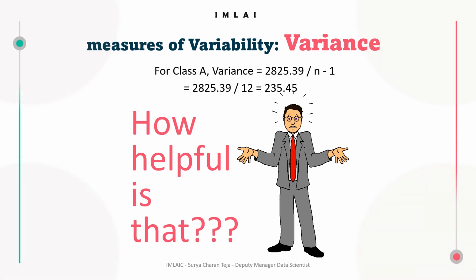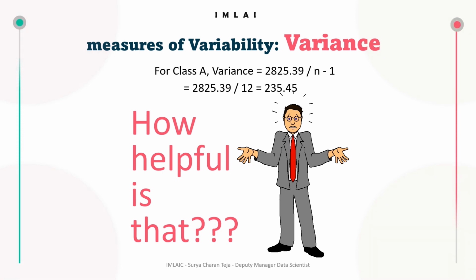But the question arises, how helpful is that to me? What can I make out of it? What can I infer from that? Your scores are between 80, 90, 100, 140, 130, and you got a variance of 235.45. What sense does it make?